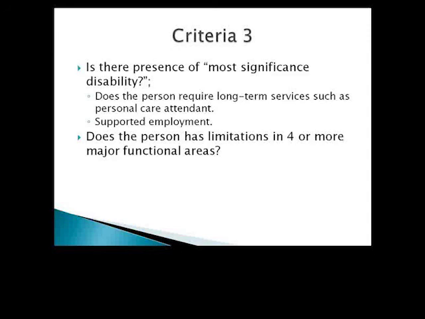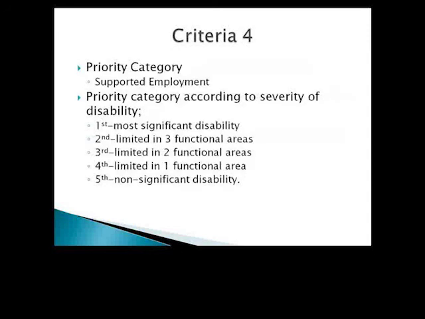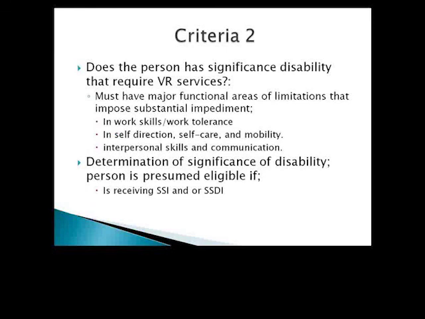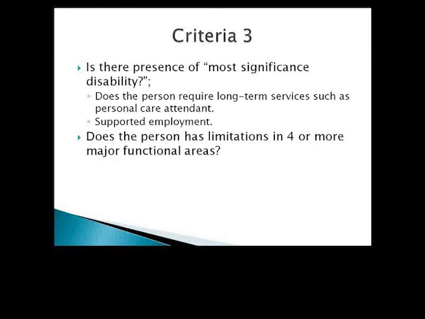Each state is going to be a little different in this regard, and the limitations in terms of function are a determination that the counselor makes, based upon what I said in criteria 2 previously: limitations in work skills, work tolerance, self-care, self-direction, mobility, interpersonal skills, and communication. The counselor makes that determination, and the number of limitations and significant limitations the person has helps to determine whether the individual meets the criteria of having a severe and or a significant disability.